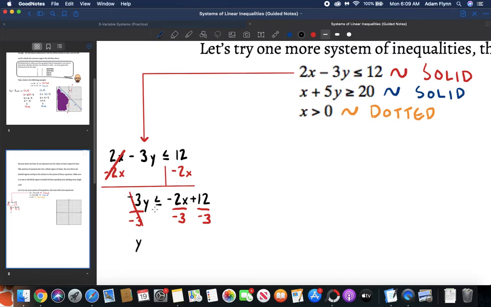But because I divided by negative 3, instead of having less than or equal to now, I'm going to change it to greater than or equal to. And then continue on with my equation. So negative 2 divided by negative 3 is going to be positive 2/3. And 12 divided by negative 3 is going to be a negative 4. So this is going to be my red equation that I'm going to graph.